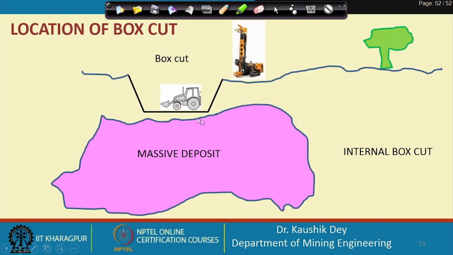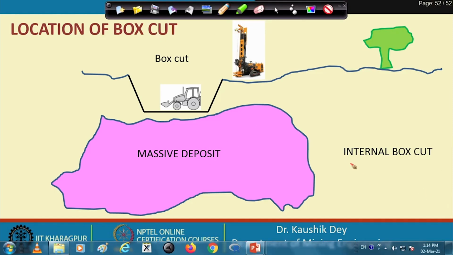We will look into the different options. For a massive deposit, we have to go for the internal box cut, because if we provide an internal box cut, we will reach the deposit very shortly. The moment we reach the deposit, we can excavate the main mineral, sell it and get the return money.